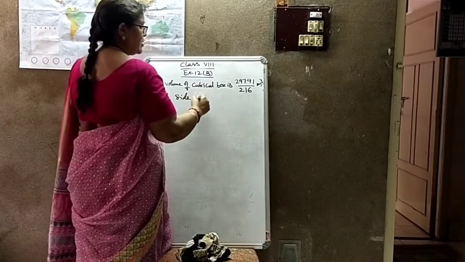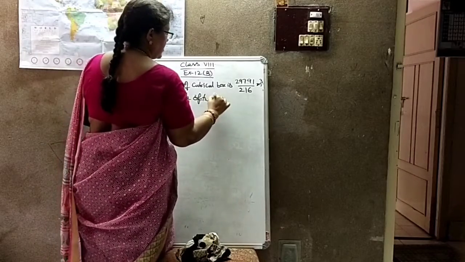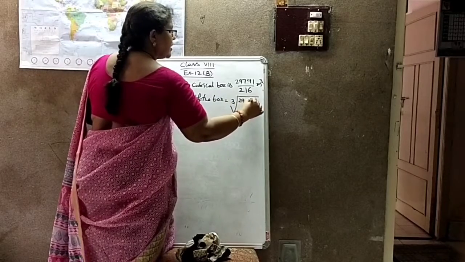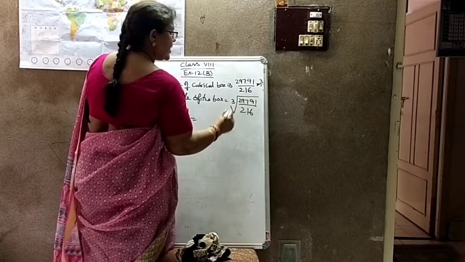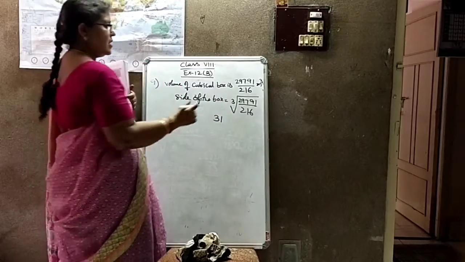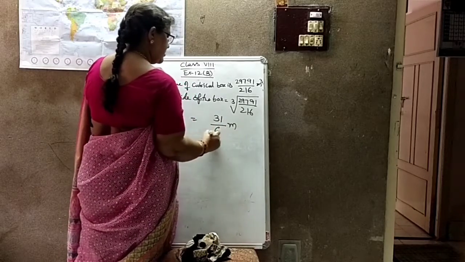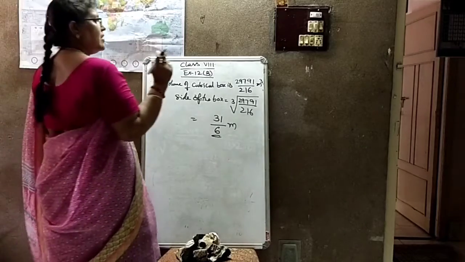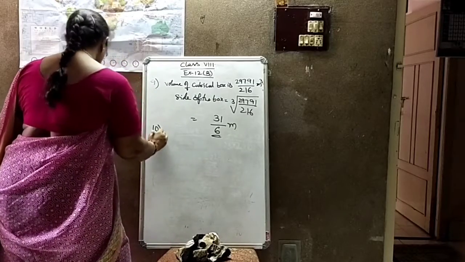Side of the box is equal to, please write, cube root of 29791 by 216. Shall I go for the estimation method? 1 is there, 1. So I am leaving 29, so 3 times, by, this is 6. Okay, these many meters. That's it. That is the side of the cube. If not, go for your prime factorization method. Solve it. Okay, right.